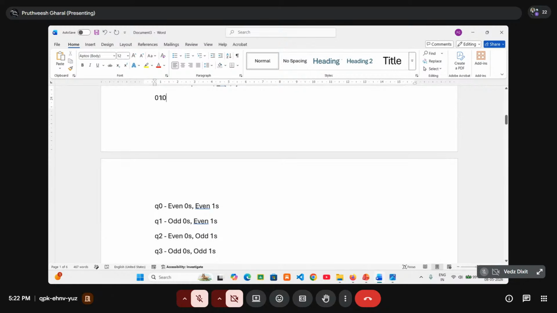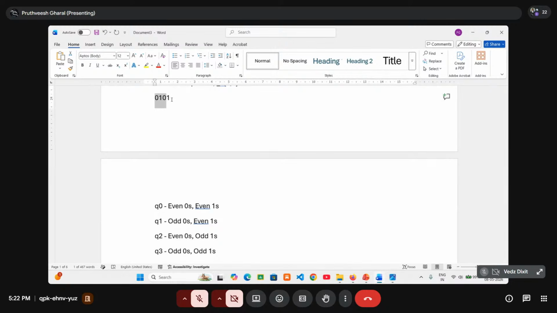So let's write the final input as 1. The DFA is in the Q2 state. From the Q2 state, we know that up until this point, it has encountered an even number of zeros, two zeros and one one.